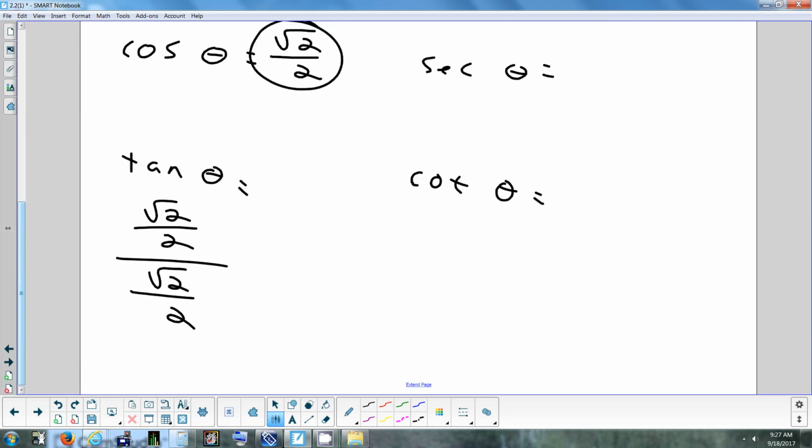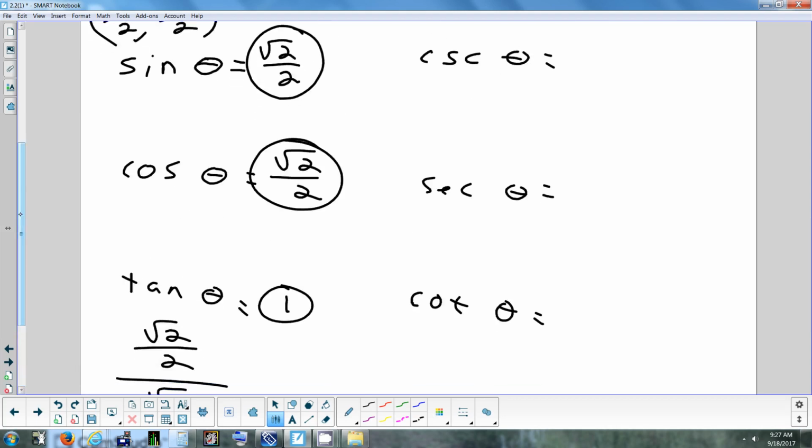You don't even really need to flip and multiply and cross things out because you're just dividing two things that are the same. So Paige, let's do cotangent first just because it'll be a quick one. What do you get when you flip 1 over 1? 1. Okay, so the cotangent and the tangent are the same.